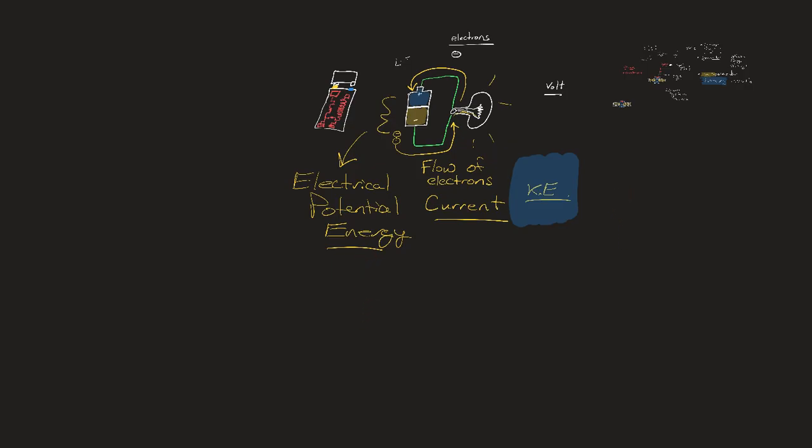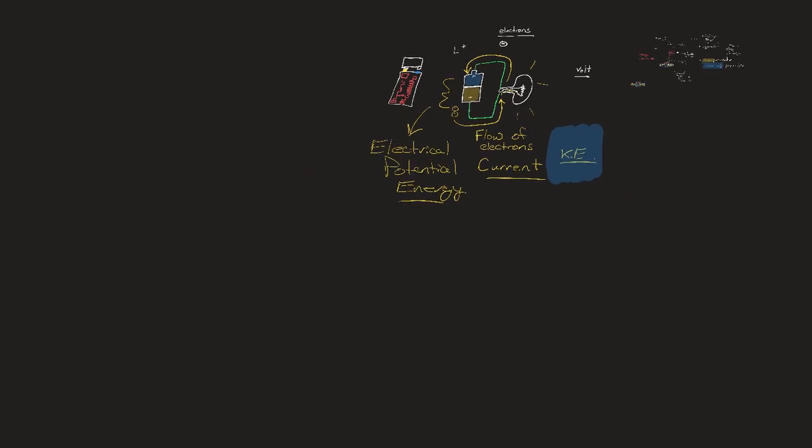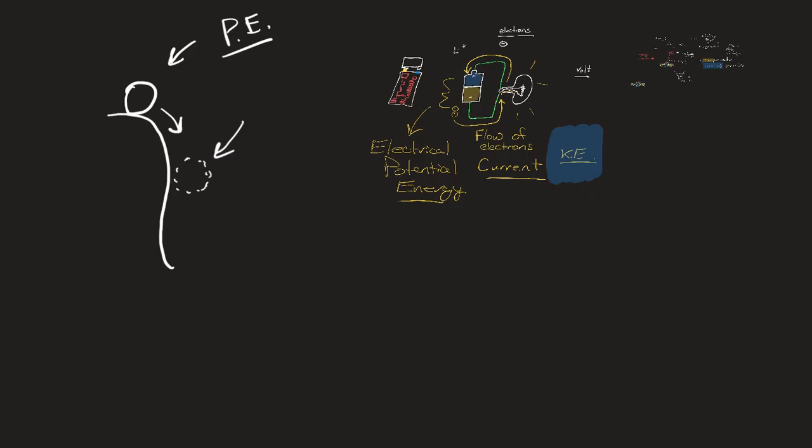Do you remember potential energy and kinetic energy from middle school? My understanding is they should have talked to you about electrical, but potential energy as well. If you put a ball up here, then this has a lot of potential energy, correct? And as it rolls down the hill, you're exchanging the potential energy for kinetic energy.